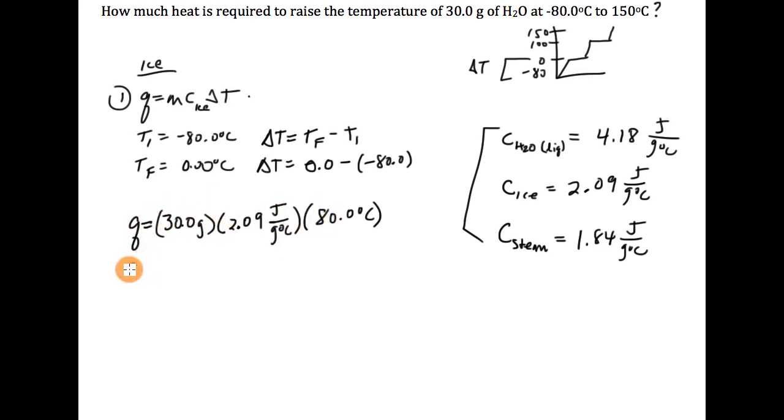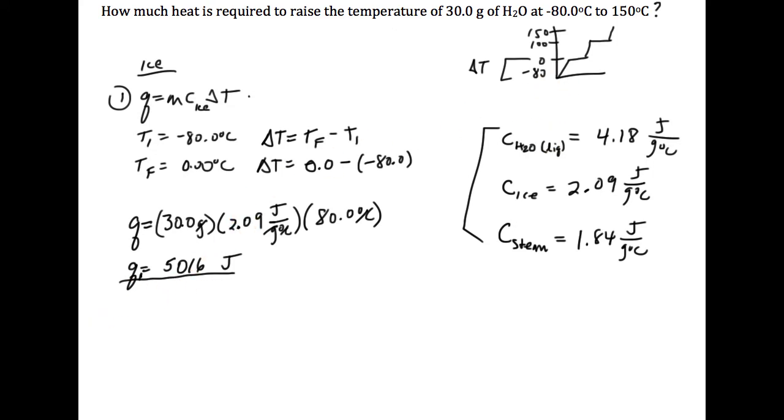The other important thing to look for is the units. Watch your units, because here, when I do this calculation, I'm going to end up with my answer in joules. In this case, for this part, I'm going to end up with 5,016 joules. Okay, so that's heat transfer for part 1. So that is just this portion right here.